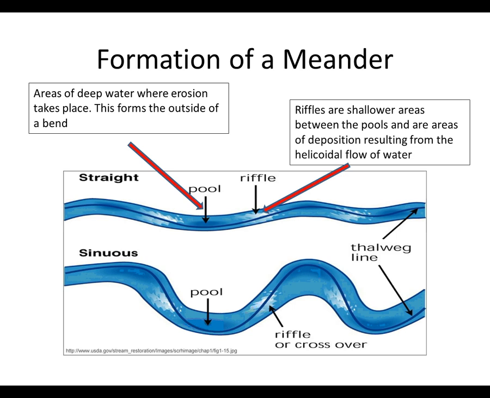So you get deeper water, more erosion, and instead of eroding vertically, it erodes laterally, so it erodes much wider. The slower water on the inside is where rocks get deposited. That's why on the inside of the bend, where we were standing, you can find more pebbles, rather than the outside of the bend where you get more erosion and find a river cliff.